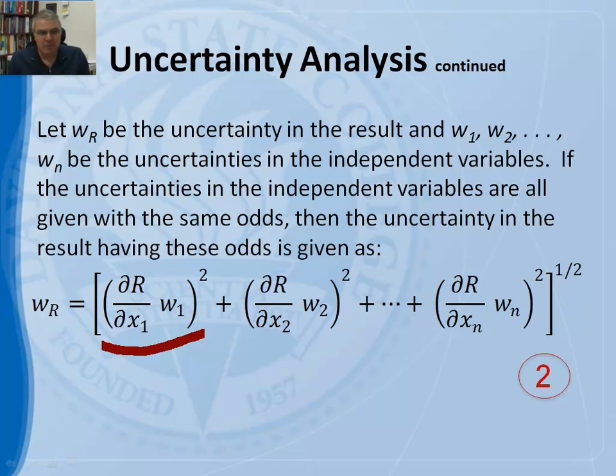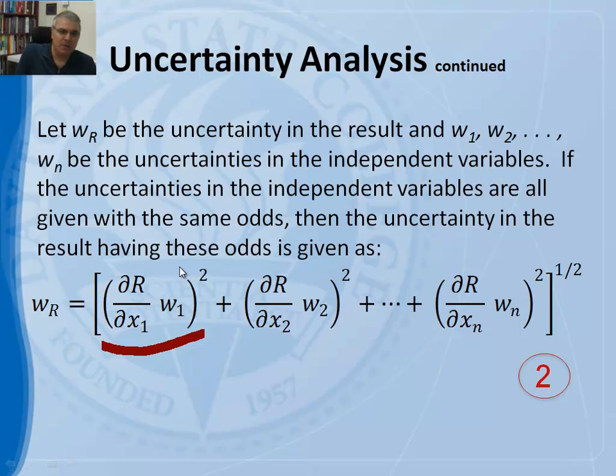Remember that W sub R is the uncertainty in the result, and W sub 1 through W sub n is the uncertainty in each of these independent variables. This is called the square root of the sum of the squares. We take the partial derivative with respect to each variable, one at a time, and then we multiply that by the error or uncertainty that's associated with it.